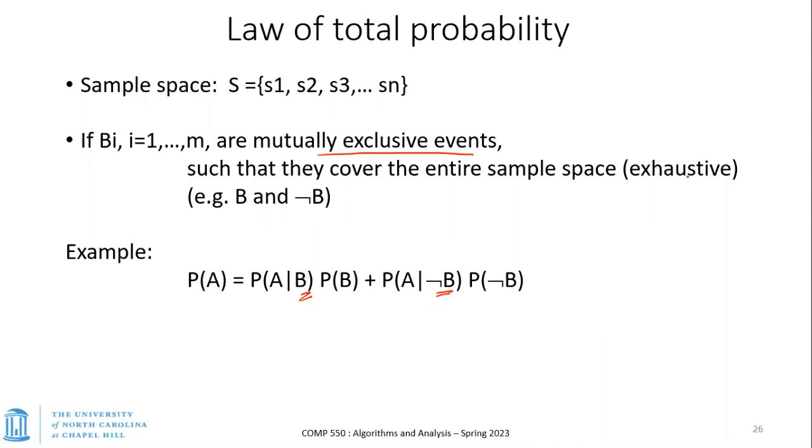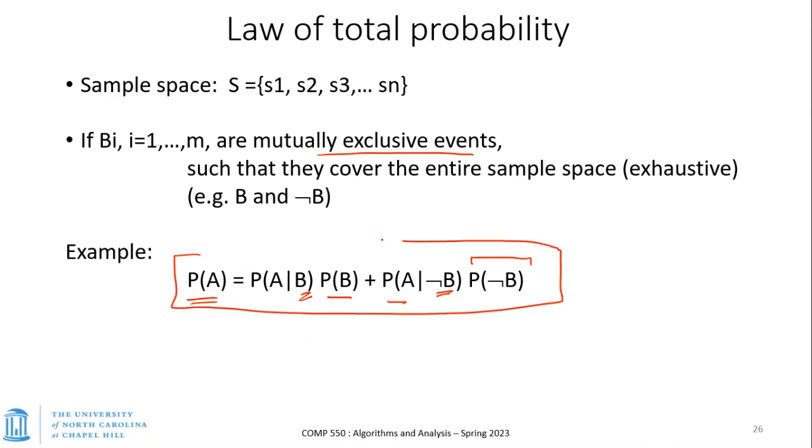Then you can write one probability as follows. You can write the probability of A as the probability of A given B times the probability of B, plus the probability of A given B didn't occur times the probability of B not occurring. So just think about this, and hopefully you can make intuitive sense of why this is true.